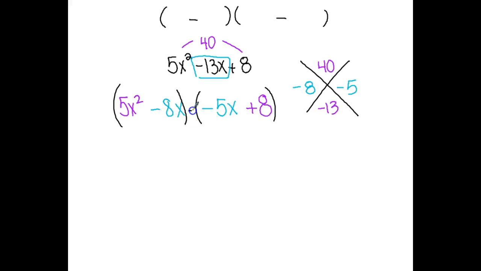That's what makes this tricky. What can I take out of 5x squared and 8x? X. If I need this to be a negative 8 to match this, what do I have to take away from this parenthesis?